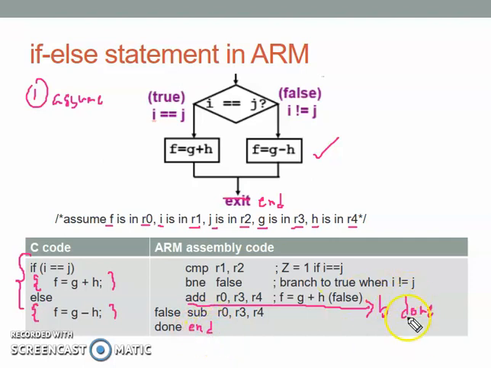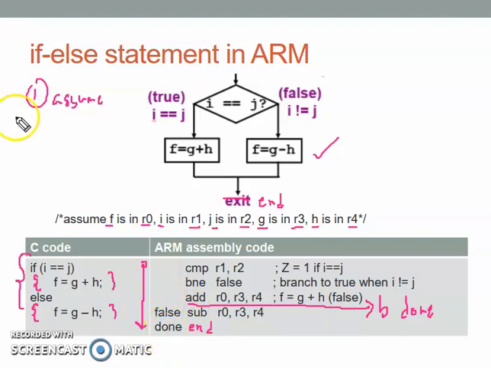Without this, the program will execute SUB, which is not correct. Alright, so I hope you can see this, because always remember, in assembly language, the program will be executed from top to bottom, consecutively, unless we put a branch instruction, then only it will disturb the sequence.